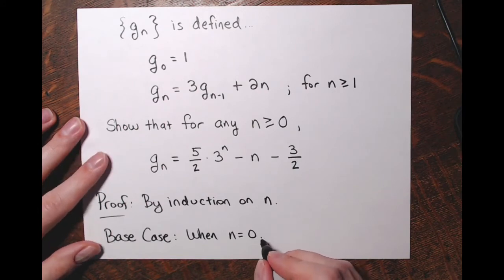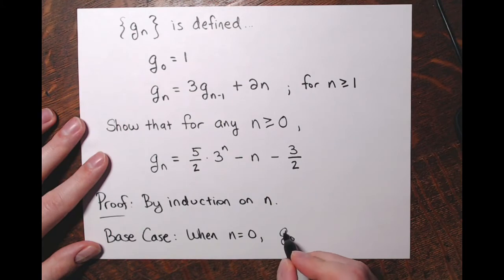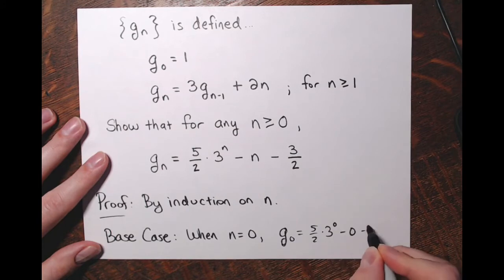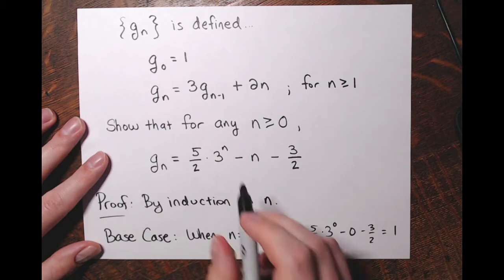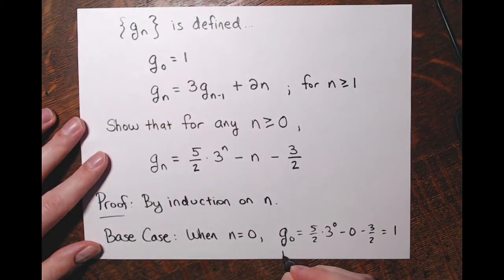Now, when n equals 0, if I look at the formula here, I already wrote this up, so we already see that it's true. g0 equals 5 halves times 3 to the 0 minus 3 halves. That's equal to 1. And we were given g of 0 is 1, so the statement is true when n equals 0.